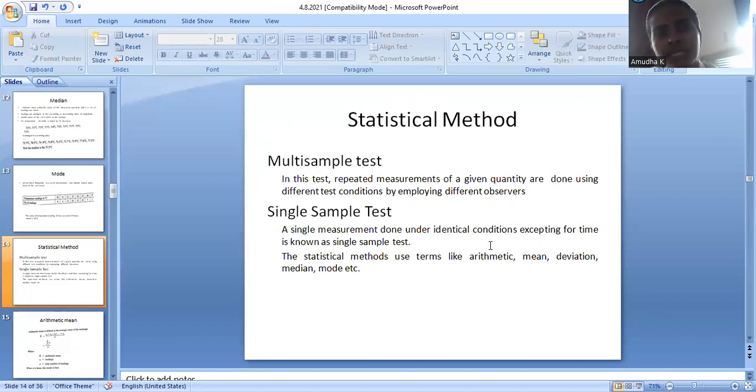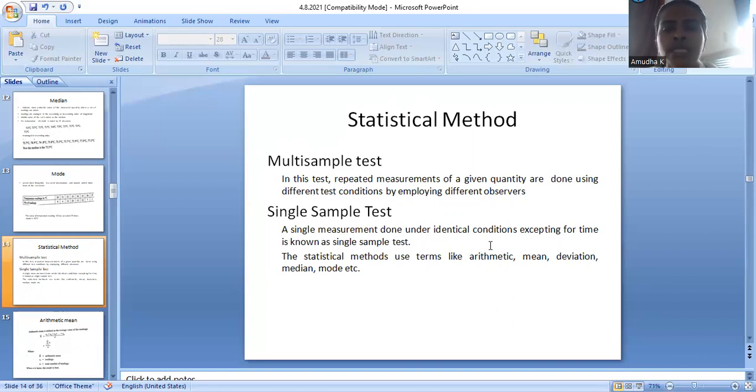So that is multi-sample: different observers, different test conditions. Single sample test means a single measurement done under identical conditions, except for time. Time is different, but the observer and the test are single.